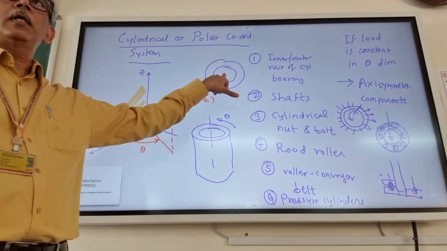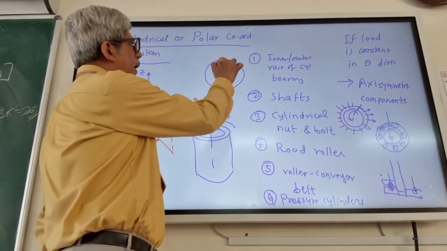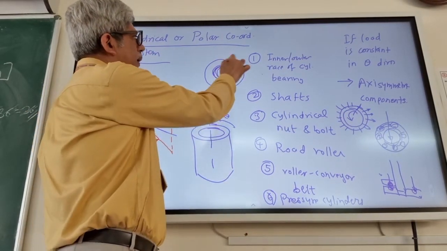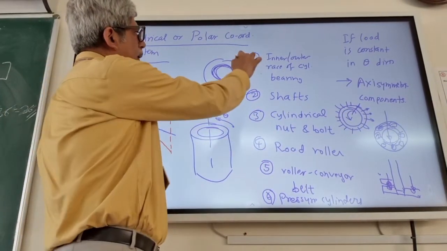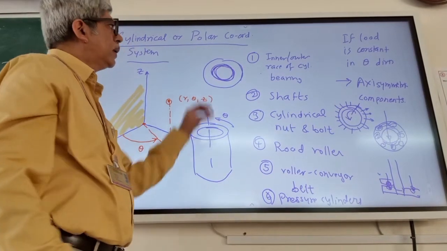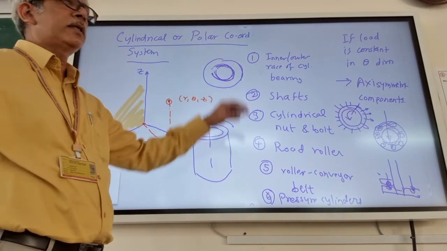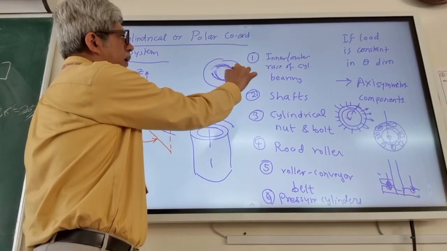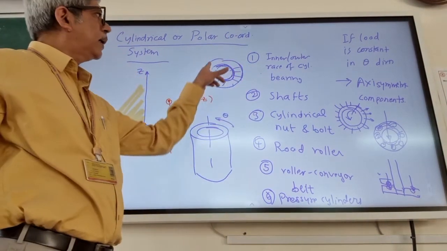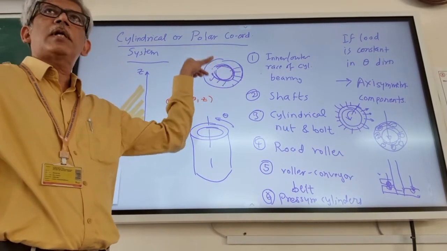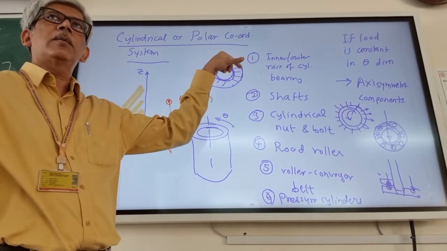But if there is a hollow shaft and inside there is some heat generation, then this particular skin will be at high temperature and the remaining part will be cold. So this will try to expand and that will create thermal stresses, which will again have circular symmetry. If the temperature distribution has circular symmetry, then these thermal stresses also will have circular symmetry.